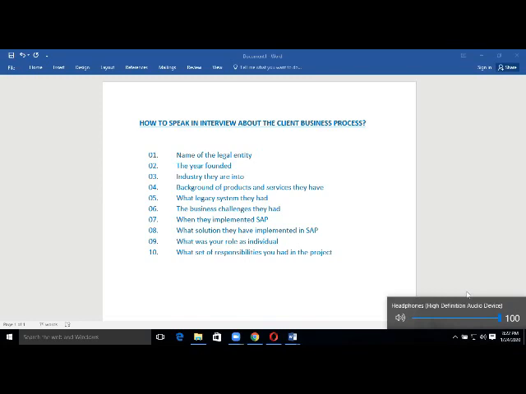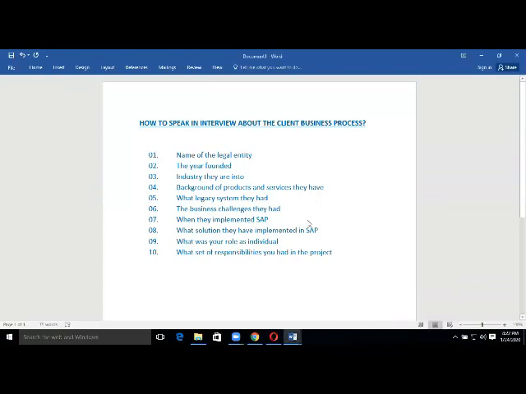Client business process includes the legal entity. It includes the name of the legal entity for whom we are going to implement the SAP. The other thing it includes is the business process, what they are doing. First, we need to understand the business process.